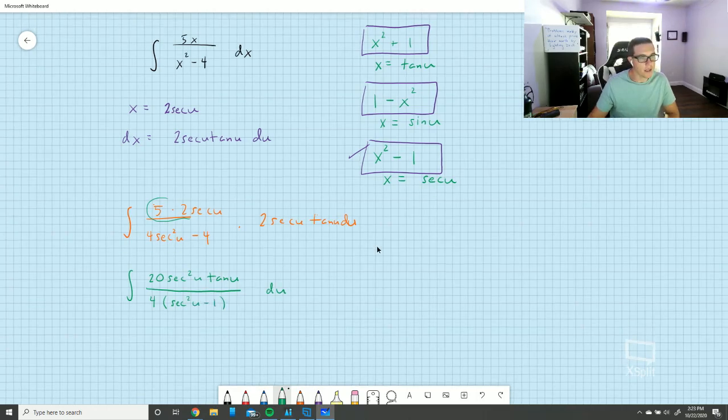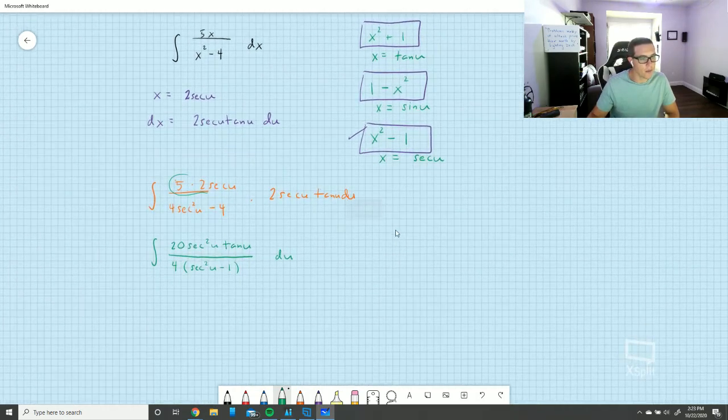Okay, which means I can now divide the 20 by 4 and get 5, and I'm going to throw that 5 in front. So 5 goes out front. I end up with a secant squared u tan u up top. I end up with secant squared u minus 1 on the bottom. That's where I'm going to use my identity. That's the same as tangent squared u du. Oops, du's outside.